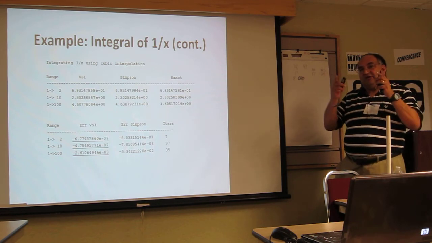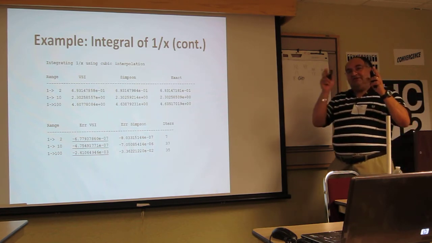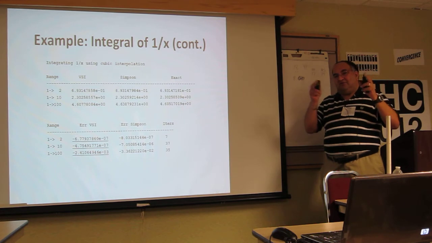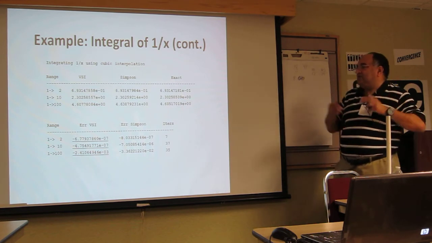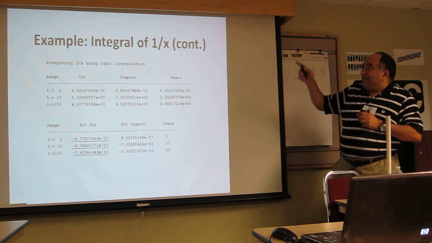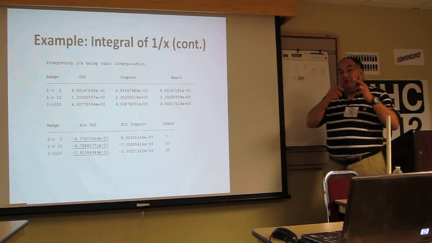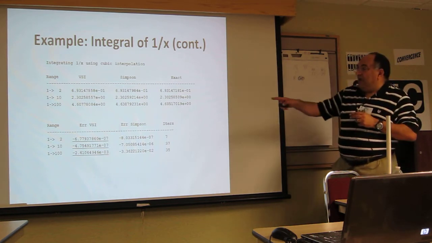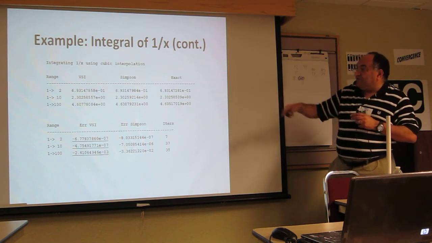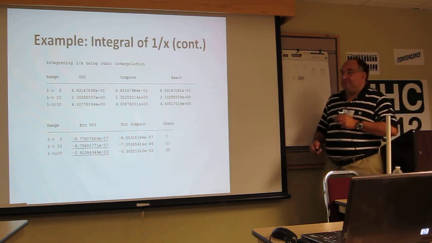So the first range, I'm in the same magnitude. The second range, I jump 1 magnitude, and then the third range, I jump by 2 magnitudes. In the cubic interpolation version, where I'm using cubic polynomials, VSI outperforms Simpson in all 3 cases.